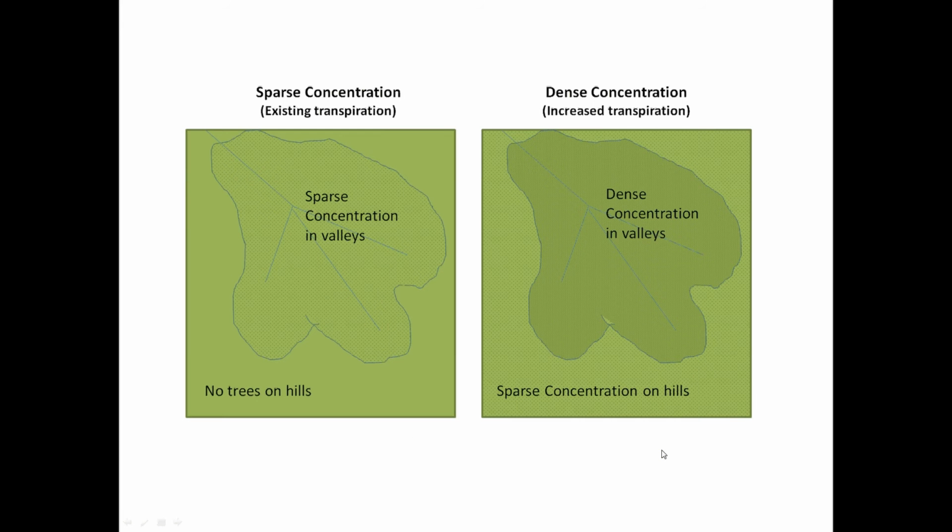On the right, I have a model of what it would be like if the tree growth densified. So there was a greater density of trees next to the stream beds and then a sparse concentration of trees on the hills rather than no trees on the hills. And later on, I translate this to different leakage zones for the computer model.